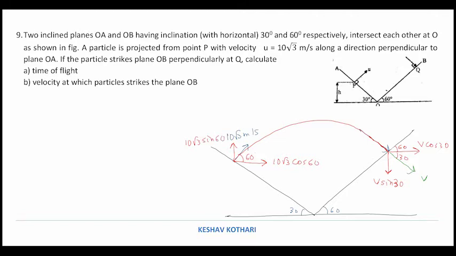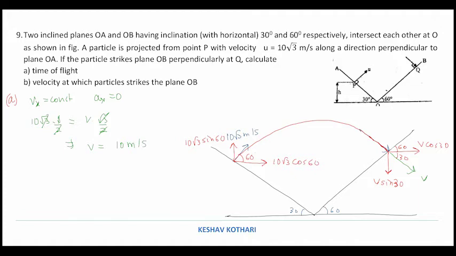The first concept we apply is that the velocity along the x-axis is constant because the acceleration along the x-axis is 0. So 10 root 3 cos 60 degree, that is half, is equal to v cos 30 degree. Cos 30 degree is root 3 by 2, so from here we obtain v equals 10 meter per second.